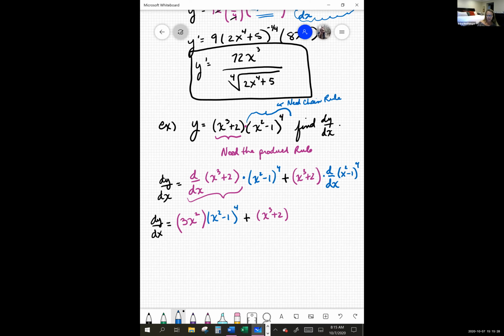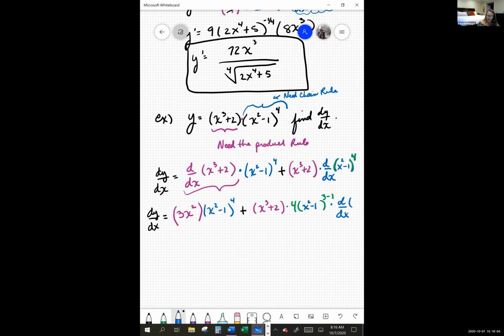The outer piece is the parentheses raised to the 4th power. So this would be times, bring our power down front, 4 of the inside, x squared minus 1, subtract 1 from our power. But we need to multiply by the derivative of the inside. So let's just write that we're going to do that, d dx, and we'll come back to it, all times the derivative of x squared minus 1.